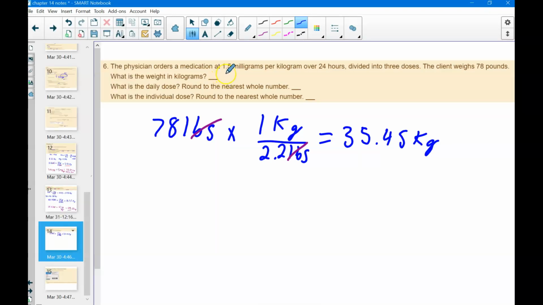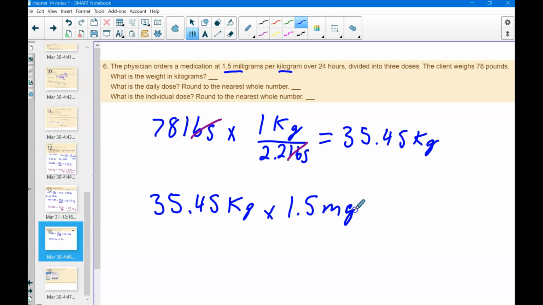And we have 1.5 milligrams per kilogram. So we take our 35.45 kg, multiply it by 1.5 milligrams per kilogram.